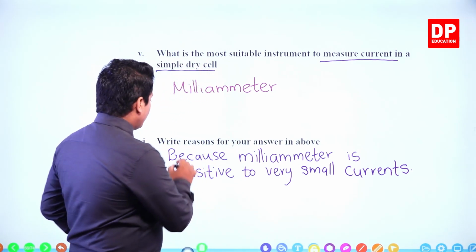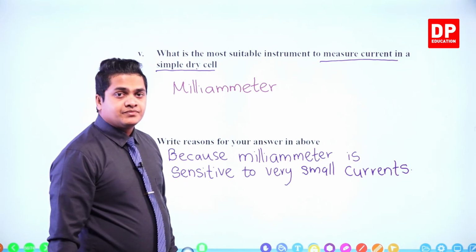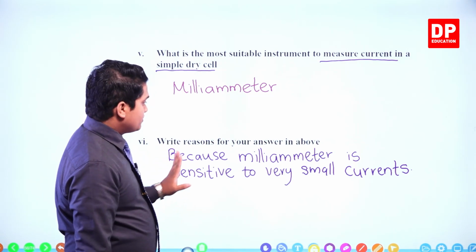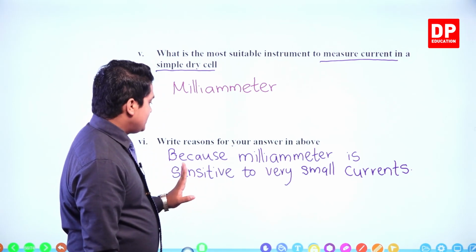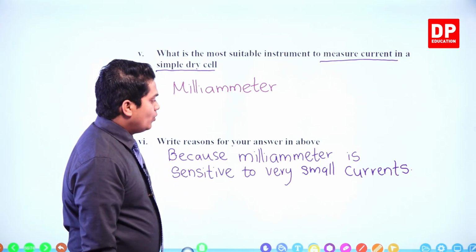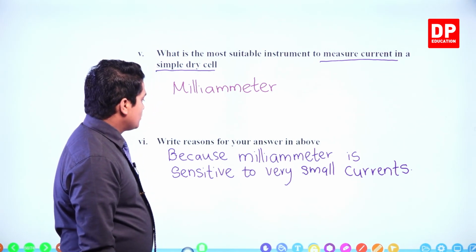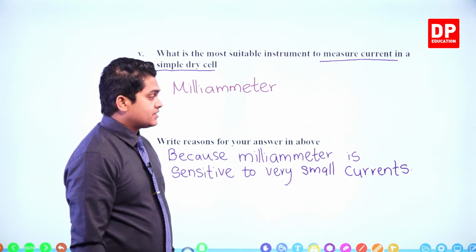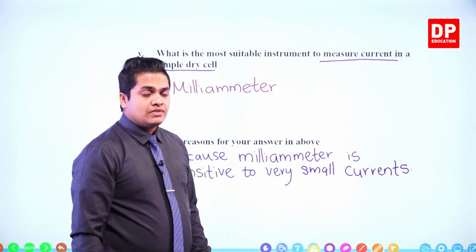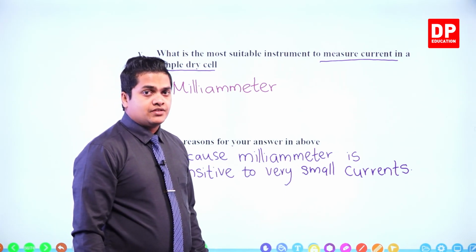So why do we need to use the milliammeter? It's because the milliammeter is sensitive to very small currents, right? That's why we need to use the milliammeter here.